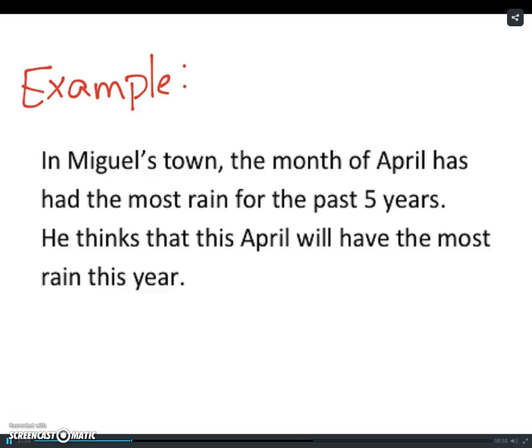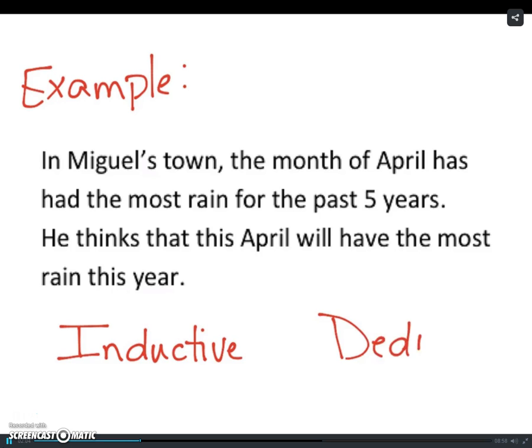So we're trying to decide, is it inductive reasoning, which we learned about in 2.1, or is it deductive reasoning that we're learning about today? We have to decide, is this using a law or a rule, or are we using a pattern? The key is that April has had the most rain for the past 5 years.